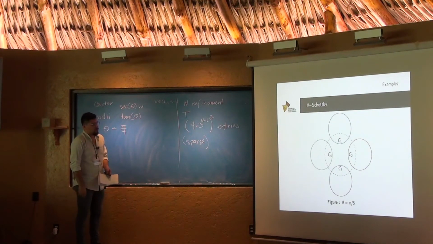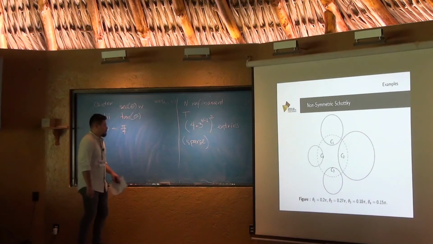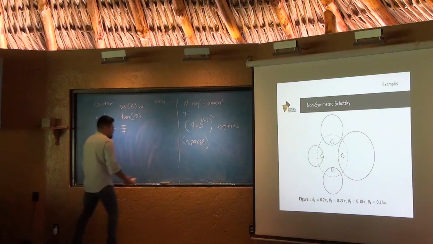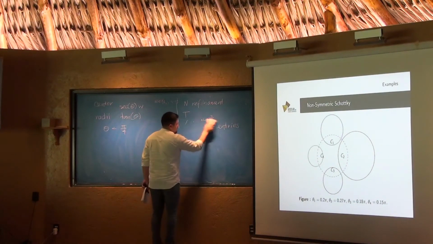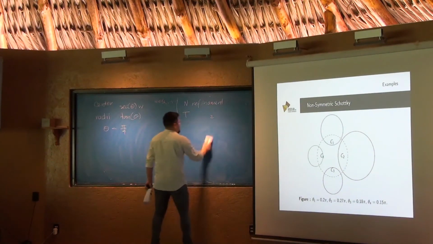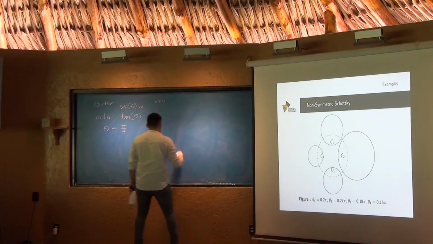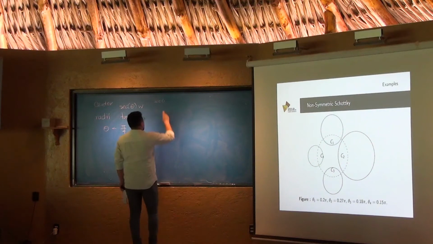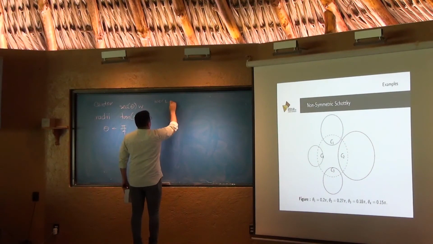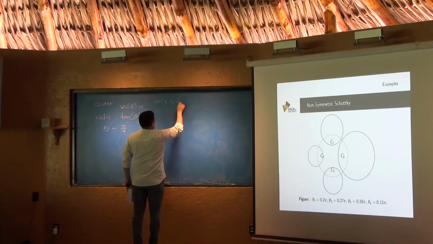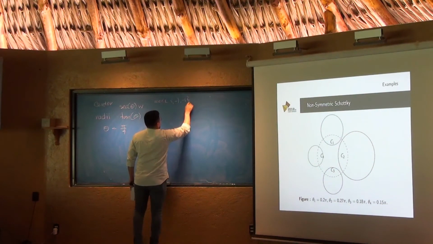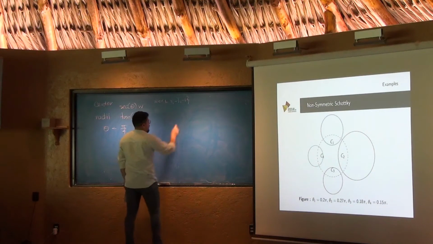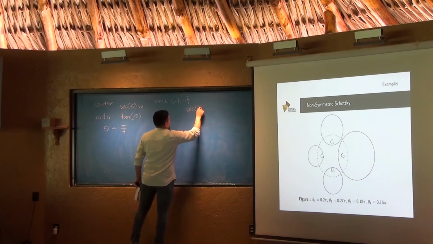And another example is a non-symmetric theta Schottky group, and this is something similar, the centers are in the same places, i, minus 1, minus i, and the centers are in sec.